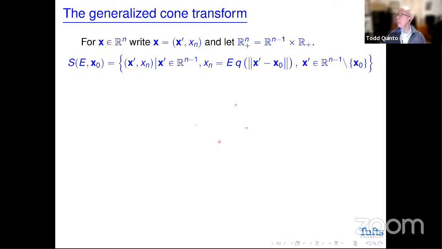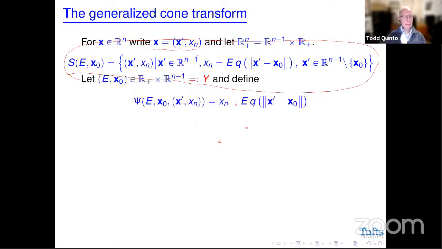Okay, let's review. For x in R^n, we write x', x_n in our set. The surface or hypersurface in R^n is this. And we take a point in R_+ cross R^(n-1), which we call y.